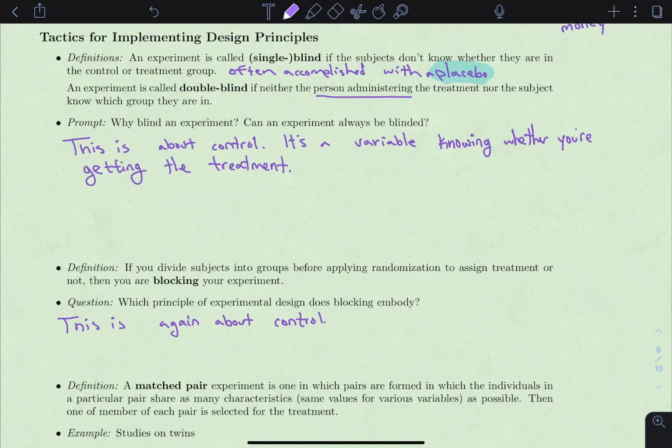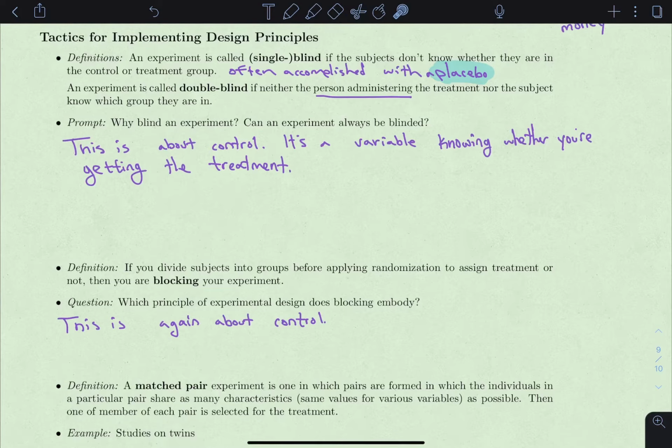Oh, we missed something from above. Can an experiment always be blinded? It cannot always be blinded. Sometimes you know whether you're going to be in the treatment or control group, but it should always be tried to blind.